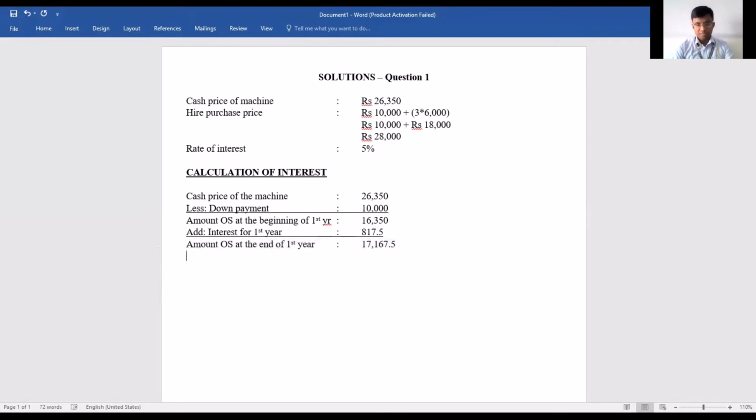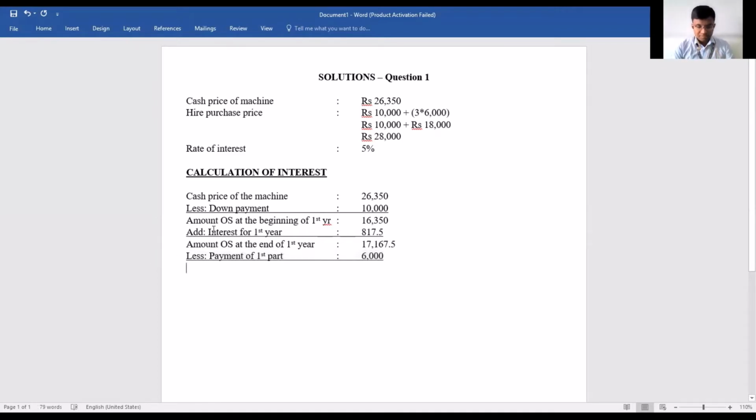Now that you know this is the amount outstanding, let's compute the first part payment. So now you will have to go about with the payment of the first part. How much was your first part? First part payment was 6,000, and that has been completed.